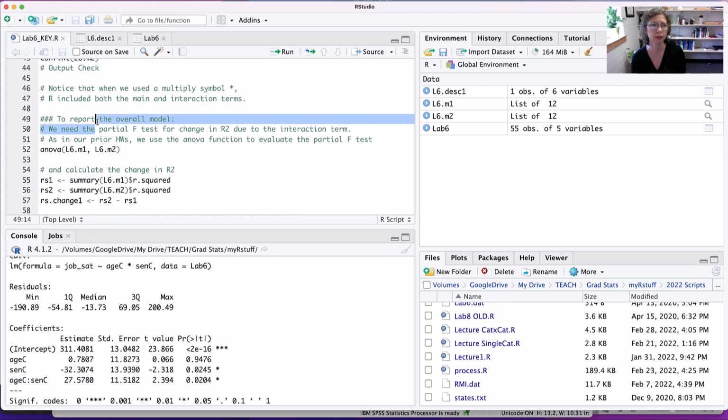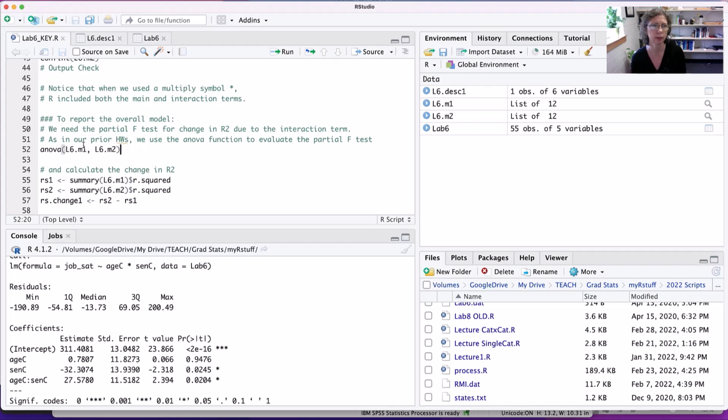So I need the partial F-test, right? I called for model 1, but I have to compare it to model 2 to see if that change in F or the change in R squared is a significant change. And just like we did in our prior homework, we're going to use the ANOVA function to evaluate that.